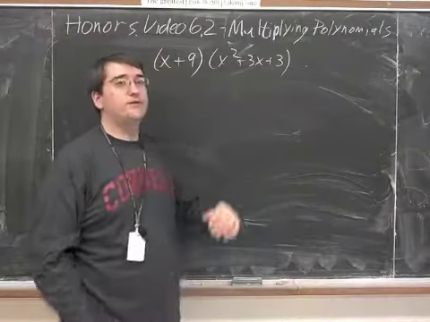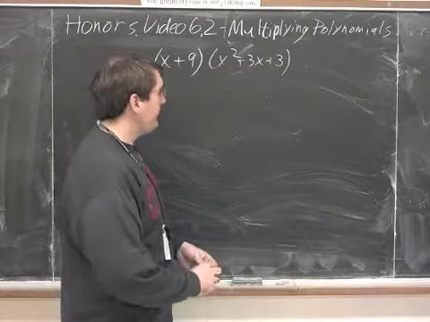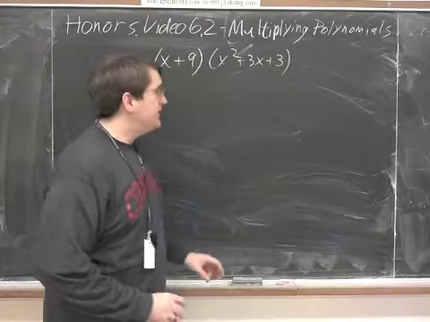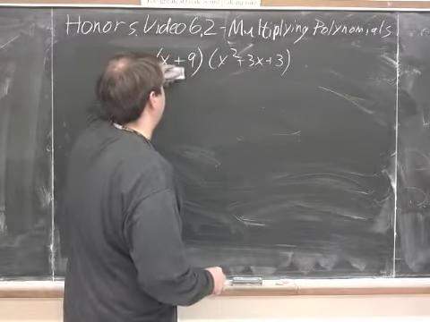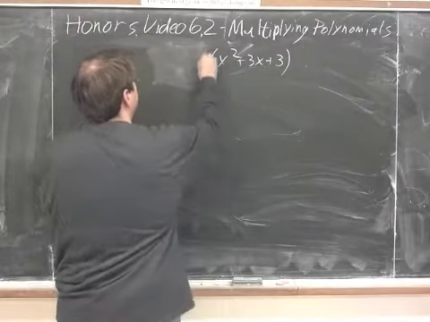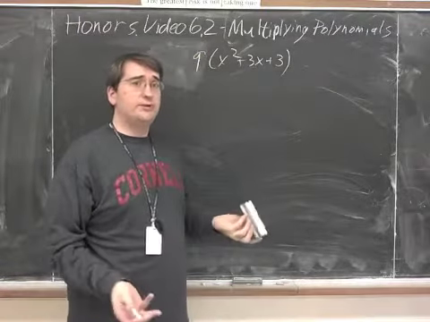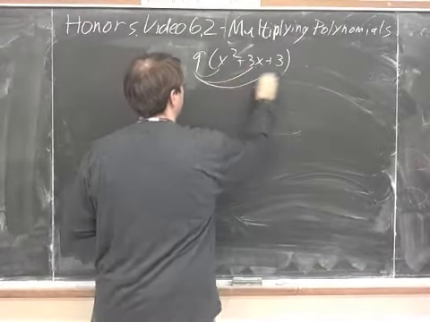So whatever it is that you're multiplying together, that's the idea. And if you remember way back from the beginning of the year, the idea of distribution, if I ignored the x part, and if it was just 9 times x squared plus 3x plus 3, you know how to do that, the distributive property. You take 9, you multiply it by the x squared, the 3x, and the 3.